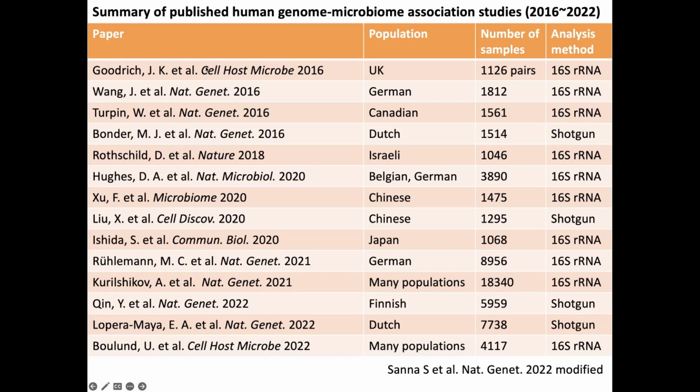There are already many examples from a large number of samples analyzing both the human genome and the gut microbiome. Human genome in this study slide means the human SNP dataset and human gut microbiome composition.